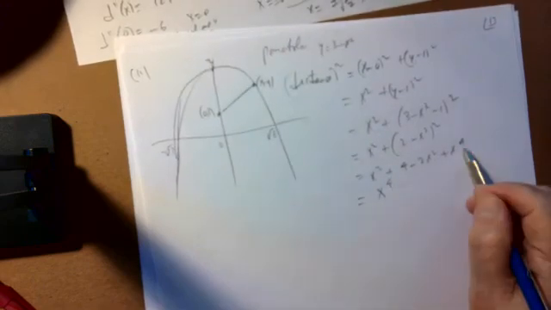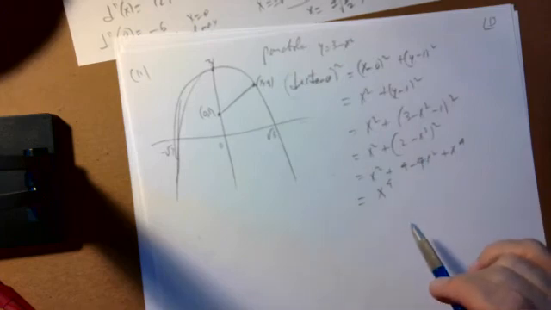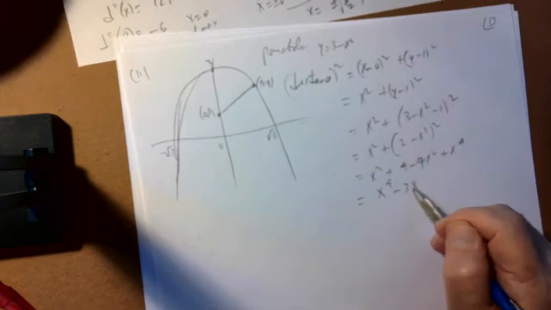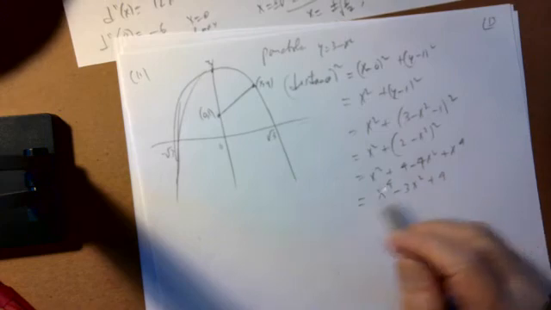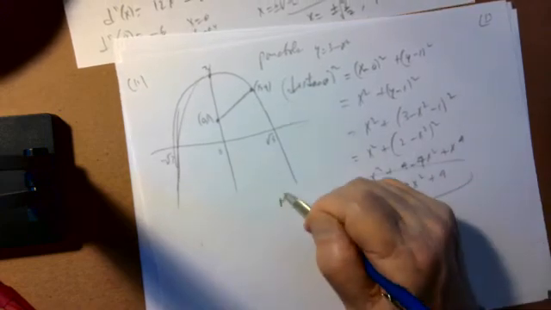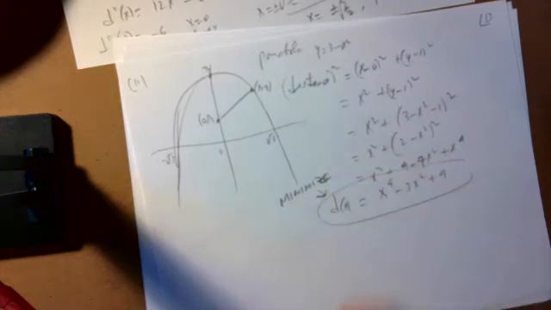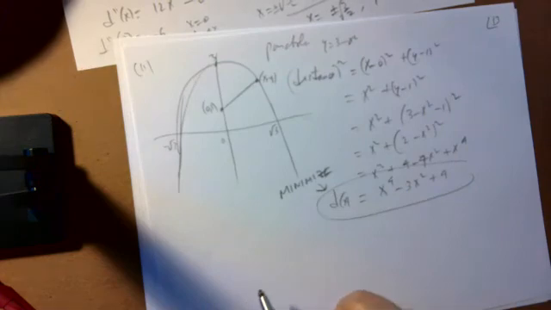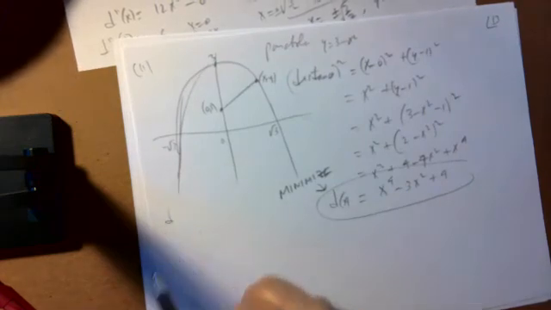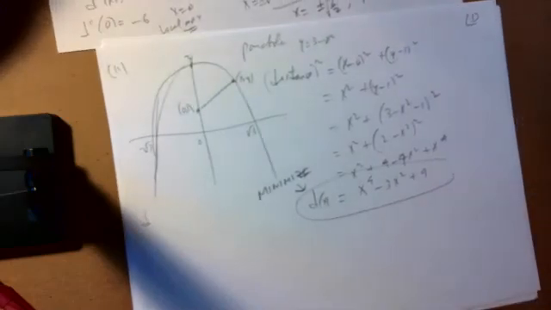So this is x to the fourth minus 3x squared plus 4. So this is the function I want to minimize. Yes. And okay. So this is the first step, to get the function you have to minimize.